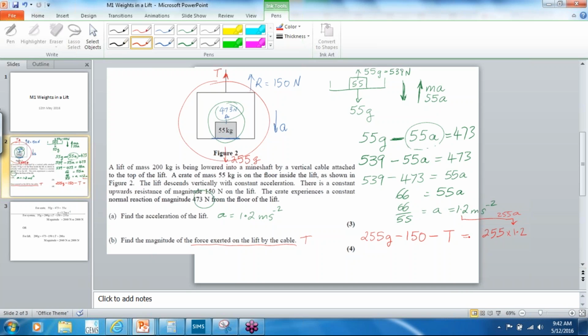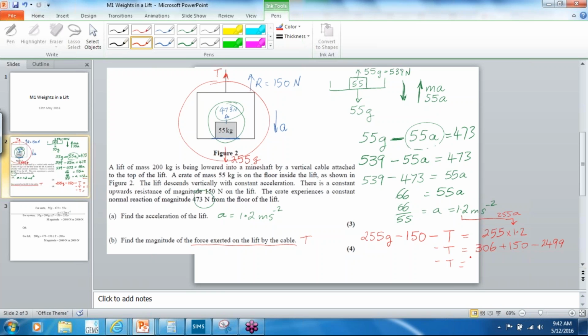And T is the only unknown, so really all we have to do now is go T equals 255 times 1.2, so 306. Bring that, that's a negative, bring that over to be plus 150, bring that over to be minus 255 times 9.8, which is 2,499.